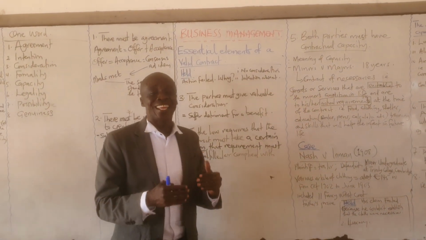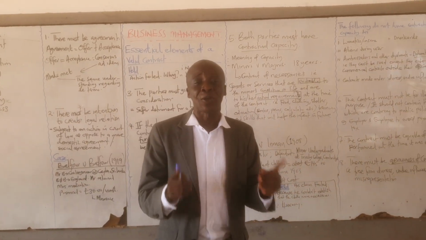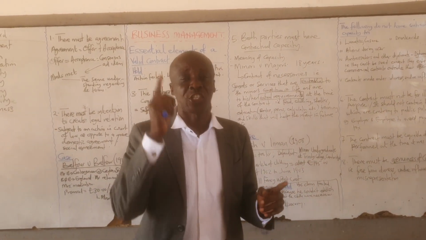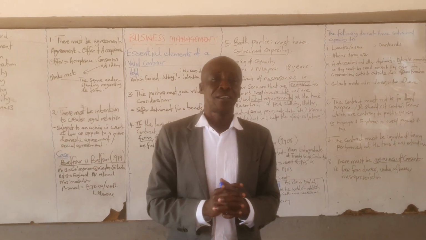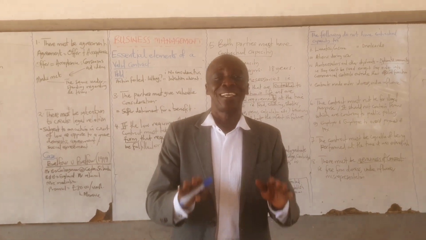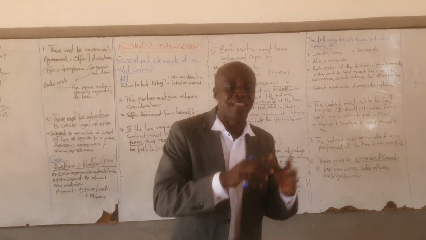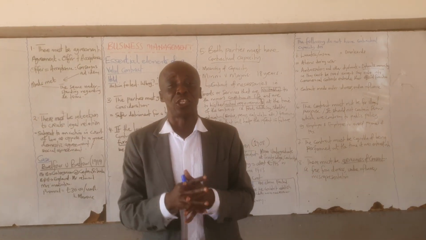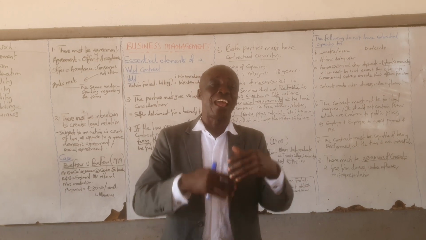When you say the essential elements of a valid contract, it means we are looking at the principal conditions that must be satisfied before a contract can be valid. In other words, absence of any of those conditions will make a contract invalid or unenforceable.